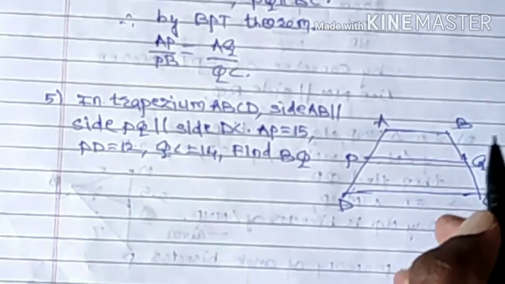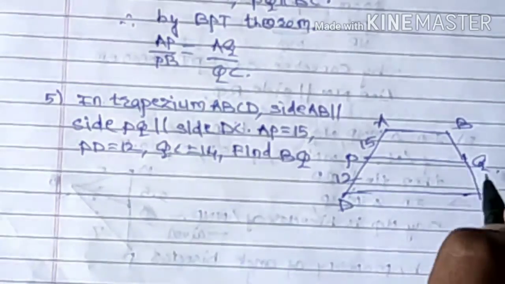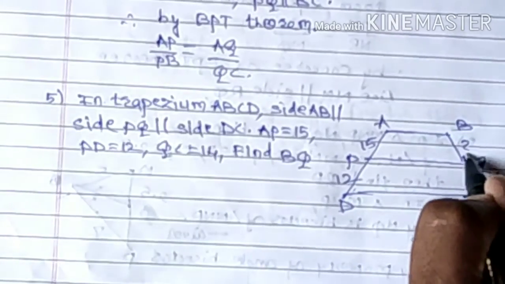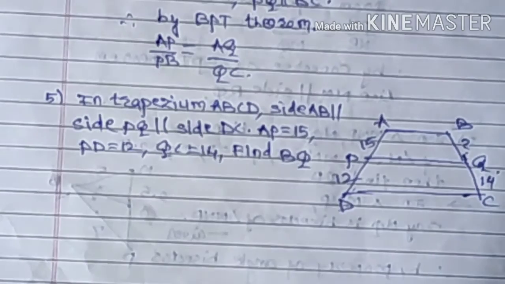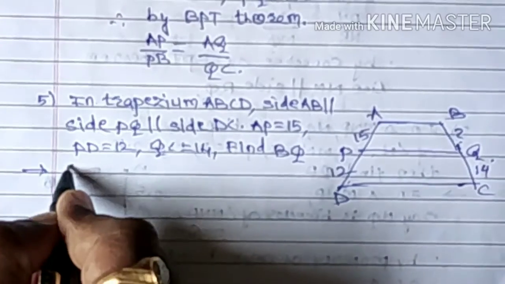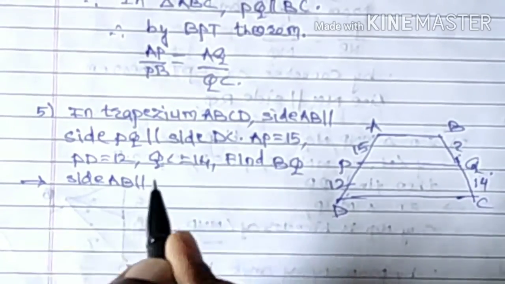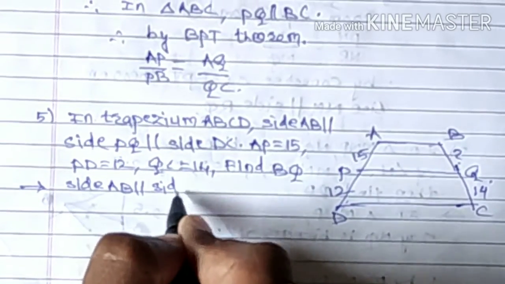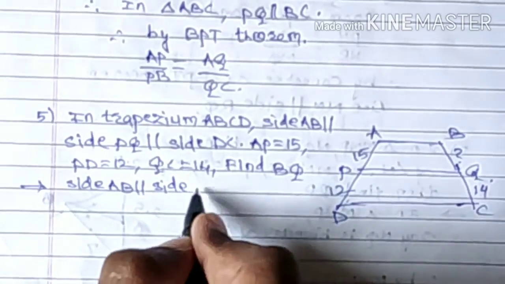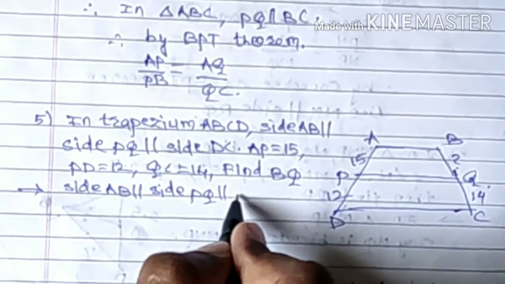Now what is given we will write. AP 15, PD 12, QC 14. We have to find BQ. We have given that side AB parallel to side PQ, parallel to side DC.